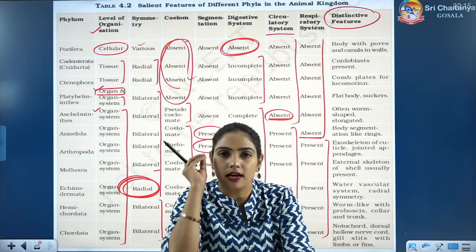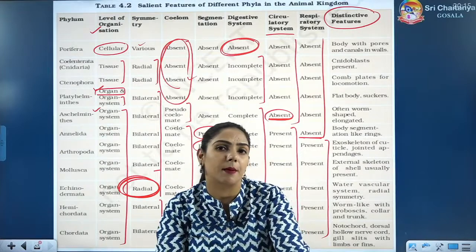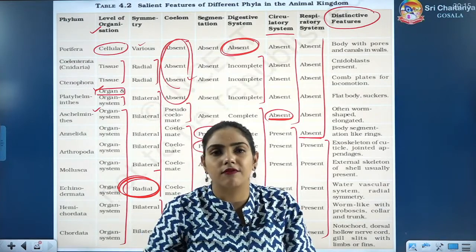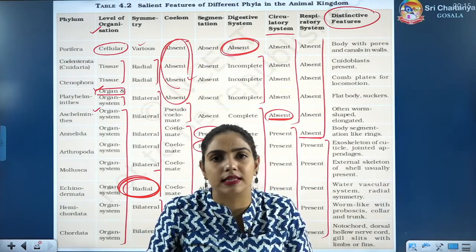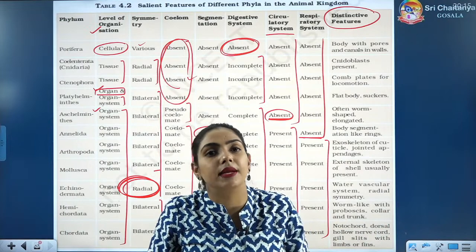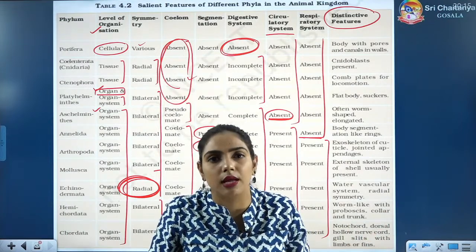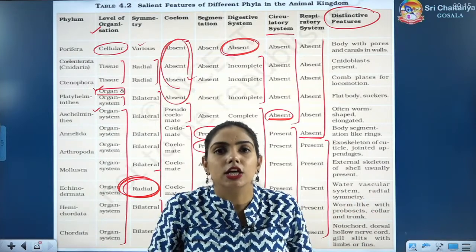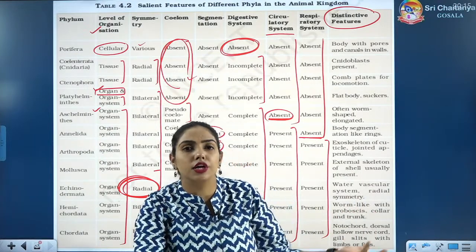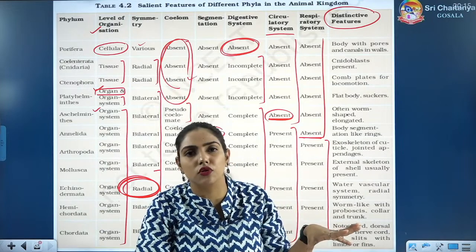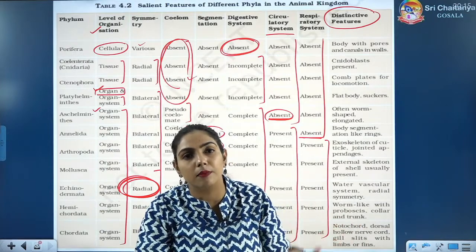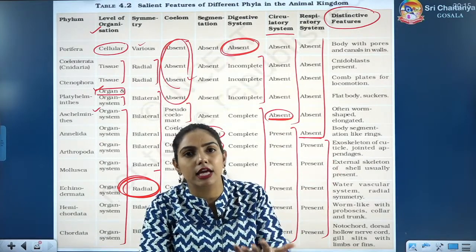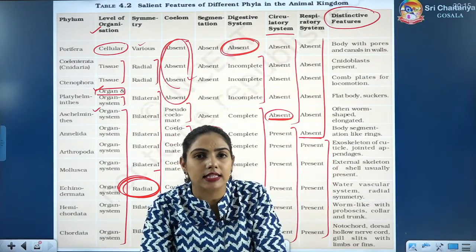So 3 questions for sure will be coming, sometimes 4 also from the animal kingdom. Now since they have removed some of the topics maybe from NCERT, but we are not yet updated for the new syllabus, so we are studying all of it. I have included cockroach also in these 3 to 4 questions from the animal kingdom. So you have to understand animal kingdom in a better way so that you can remember all these things for your NEET exam.